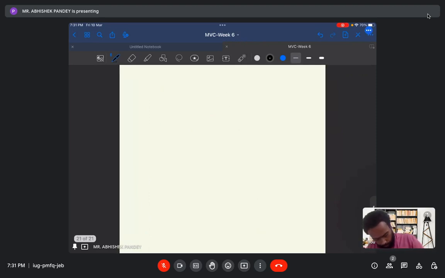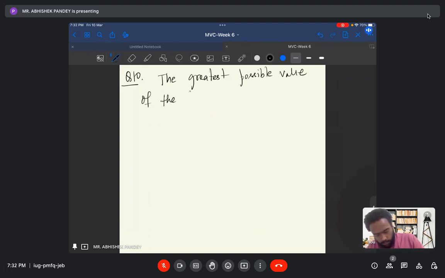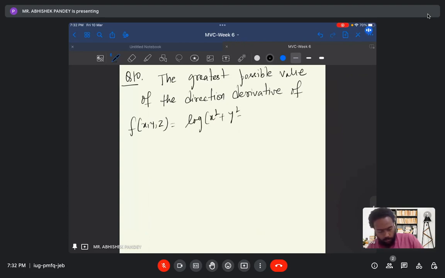So question number 10 is, so the greatest possible value of the directional derivative of f of x, y, z equals log of x square plus y square plus z square at the point 1 1 1 is equal to this. We need to find it out.